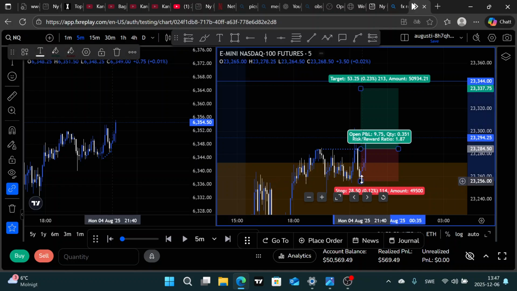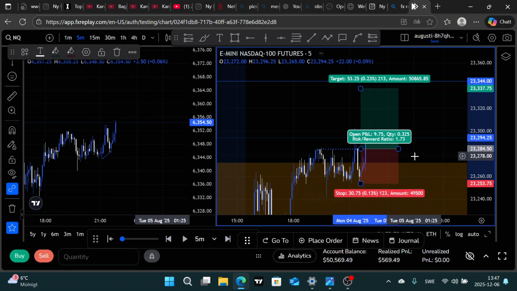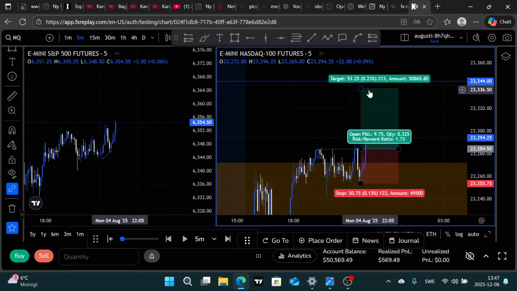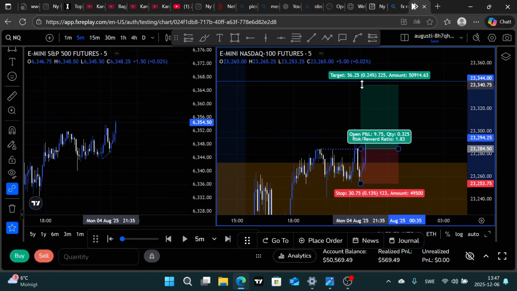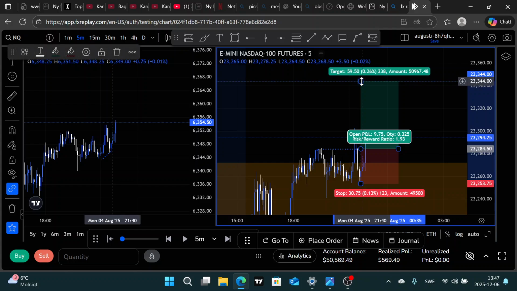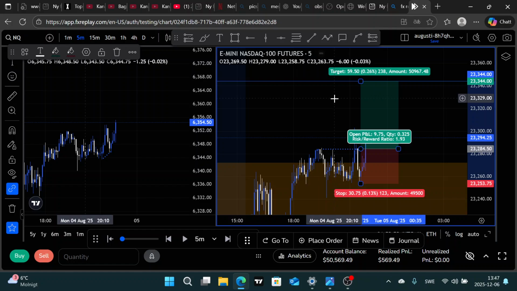So we put our stop loss at the recent low, which is right here, and we put our take profit on the internal high.